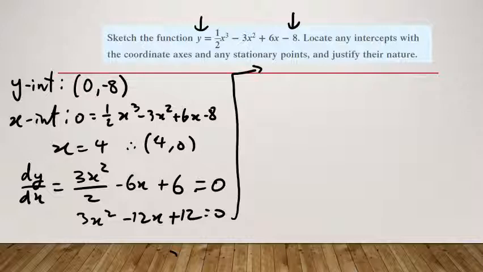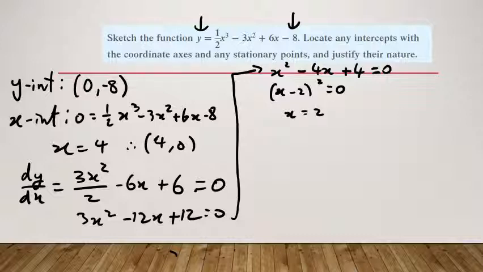I might not have enough space to do the graph. Then divide all 3 of these by 3. So x squared minus 4x plus 4 equals 0. Then that's nice and easy, because what does that give you if you factorize it? Yep. So x is equal to 2.